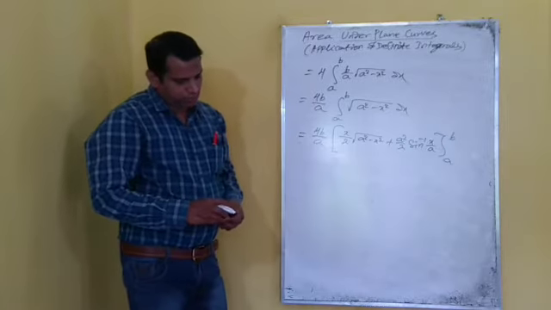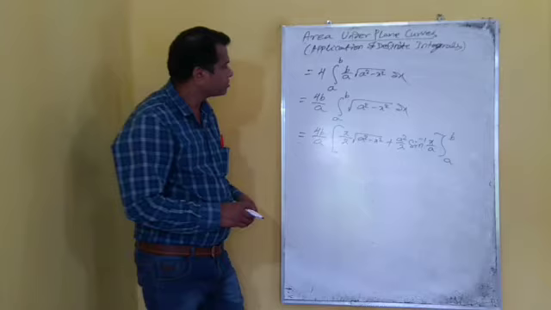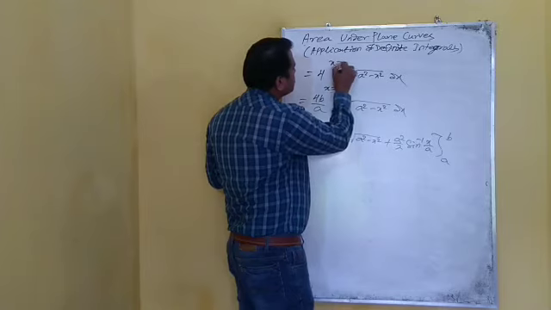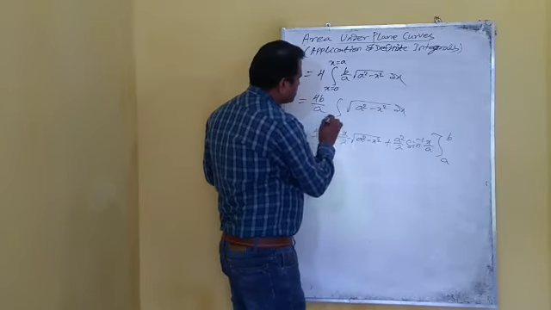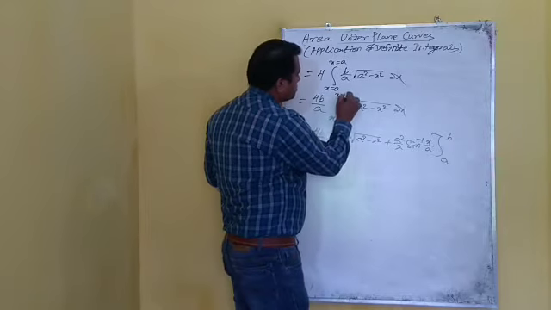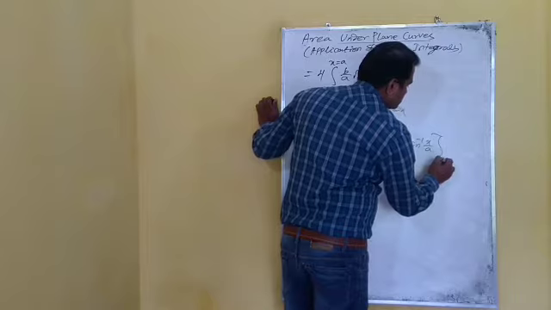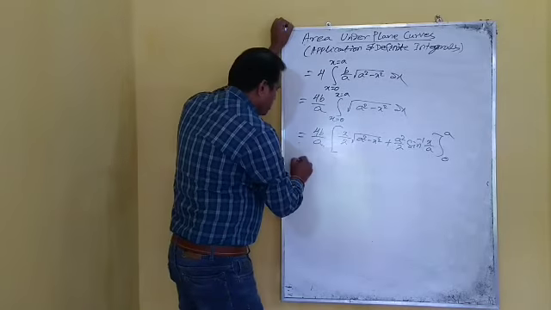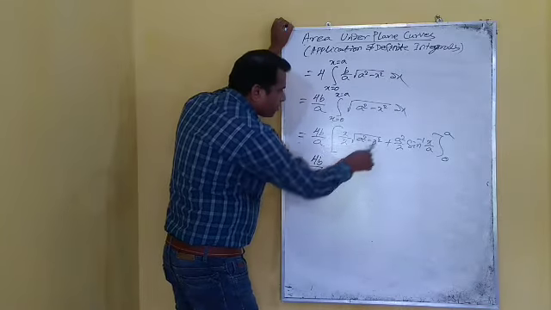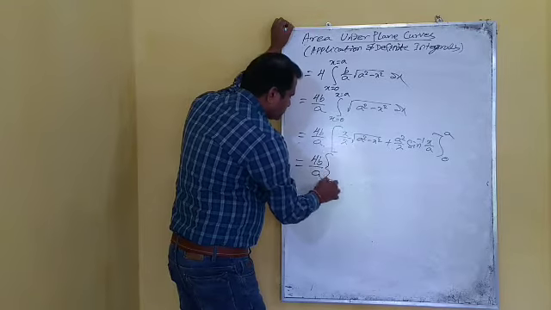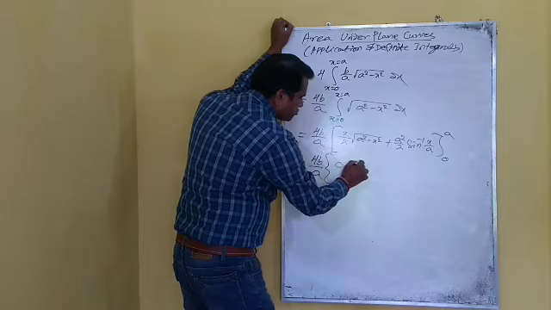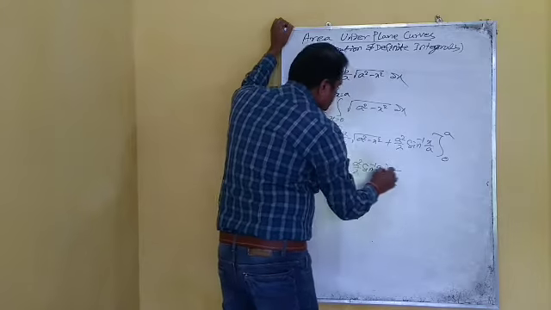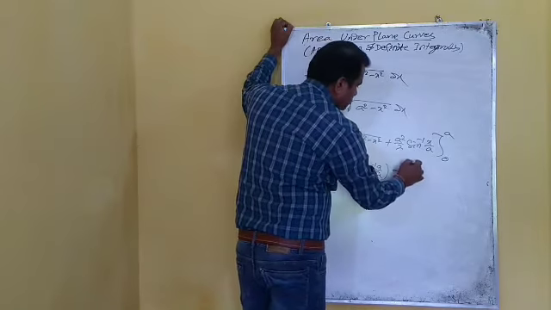So now put the limits of x from 0 to a. Putting a first, 4b by a times 0 plus a square by 2 sin inverse a by a, minus, next we put 0, that becomes total 0.